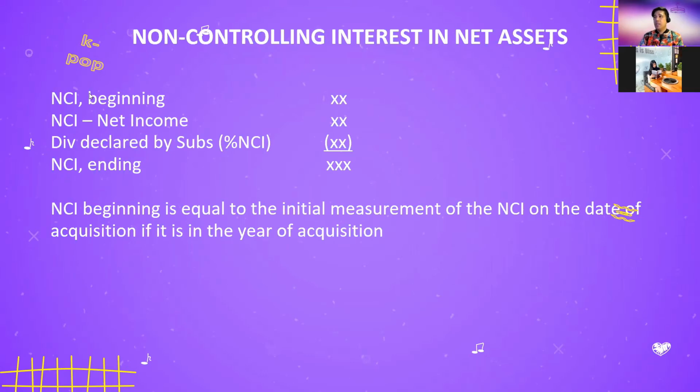No? So, NCI beginning, non-controlling interest beginning, sabi natin dyan, this represents on the year of the acquisition, ito yung beginning balance, this also represents kung magkano yung stake ni NCI. No? So sabi natin also in the previous lecture, this could be accounted for either number one, full fair value or full goodwill method, or number two, partial goodwill or yung proportionate share.